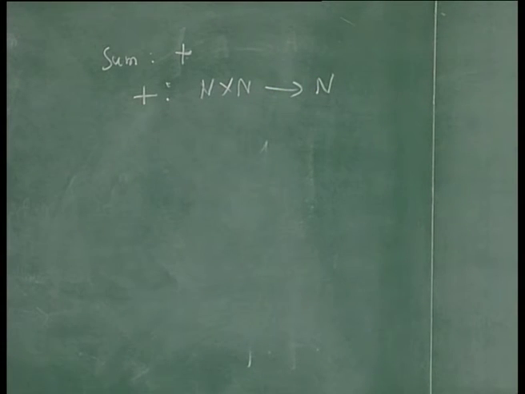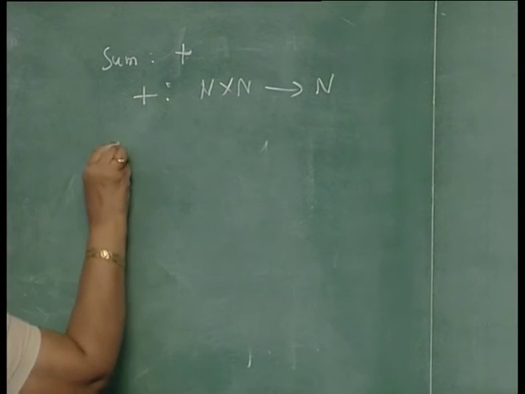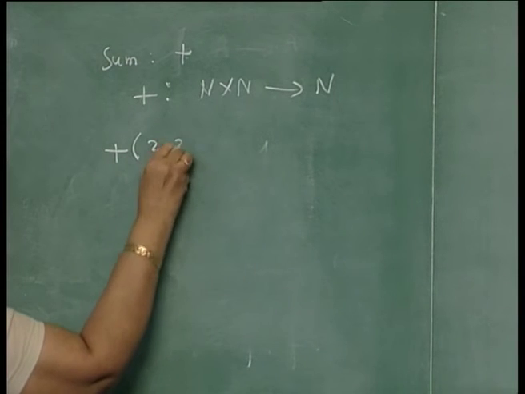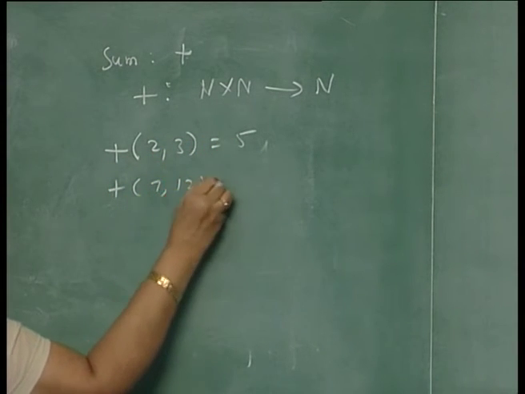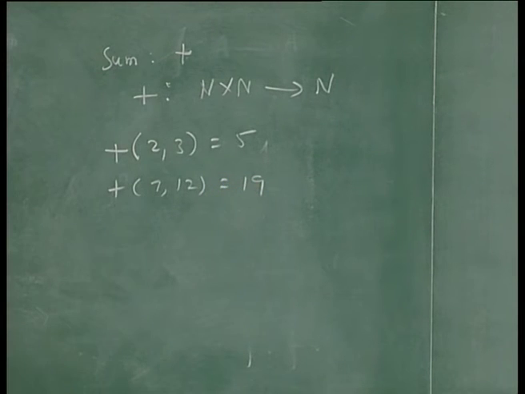It maps N cross N to N like this. For example, plus of 2 comma 3 is equal to 5, plus of 7 comma 12 is equal to 19, like that. How do you define this function in an inductive manner? You can make use of the successor function for this.